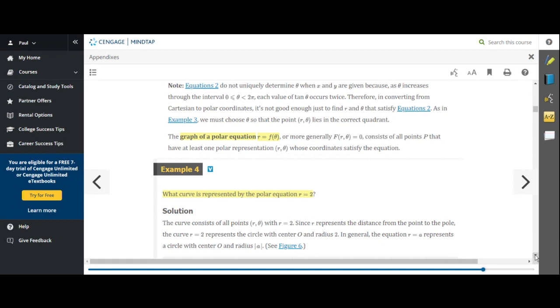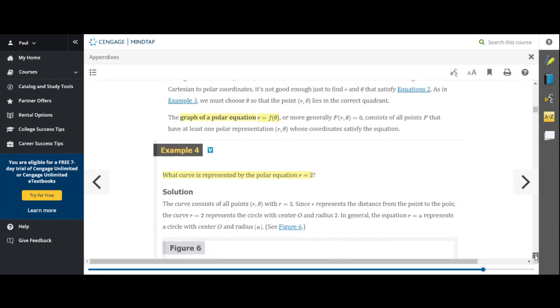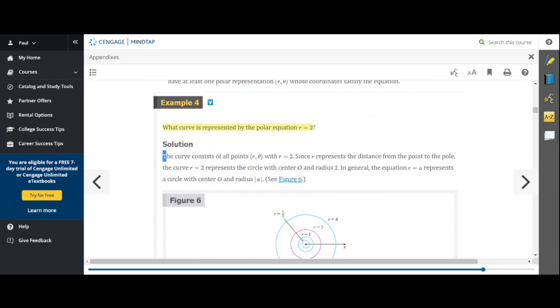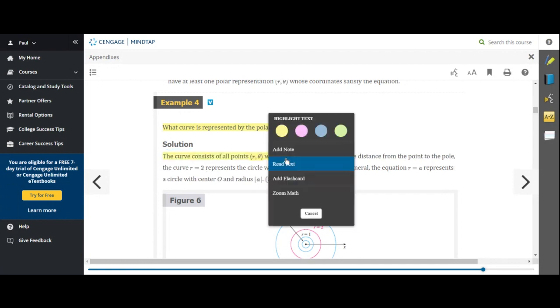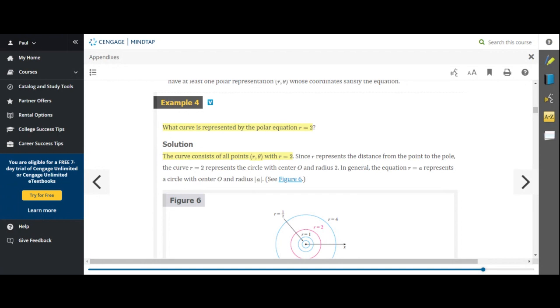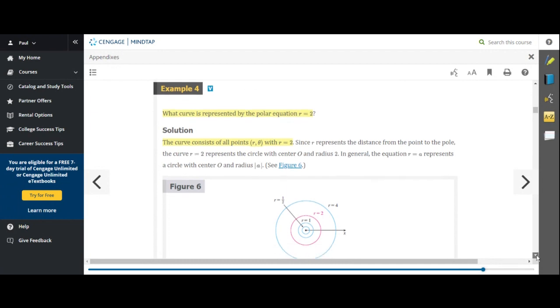All you're being told is that the radius r is equal to 2. Theta is allowed to take on any value you want. So the curve would have to consist of all points (r, theta), all polar coordinates where the radius equals 2. And that's just going to be this red circle in figure 6.